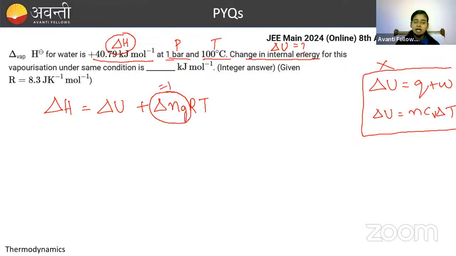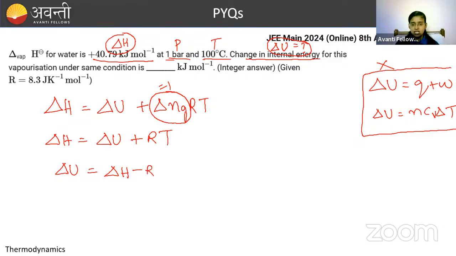So the formula will be delta H is equal to delta U plus RT. That's all. So what do we need to get from here? We need delta U. So I'm going to keep delta U on one side and take plus RT to the other side, and it will be written as minus RT.